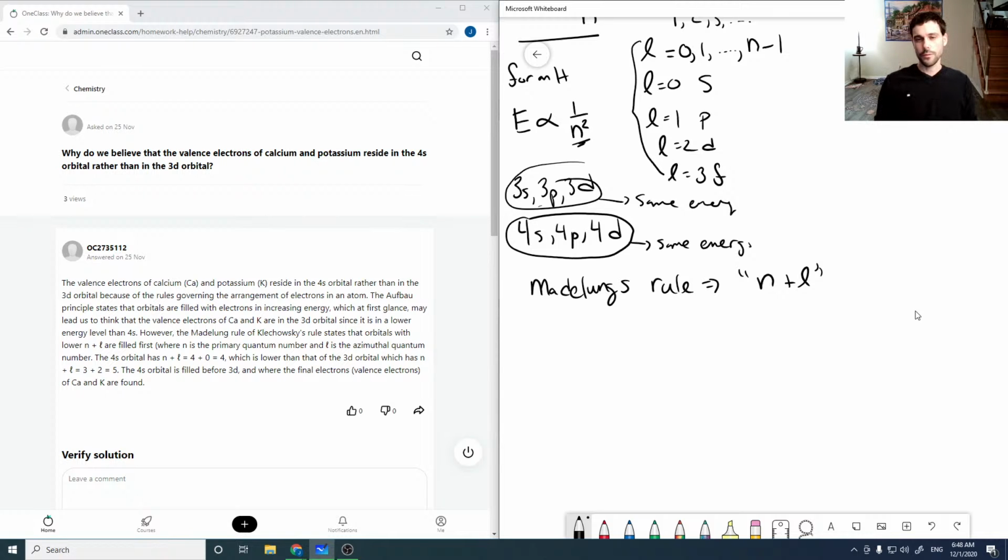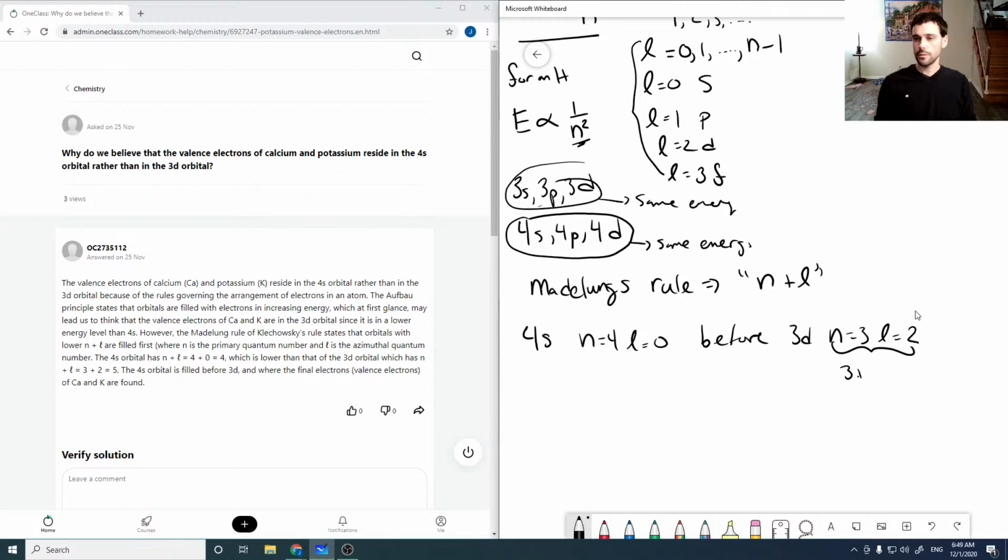So that means we fill a 4s orbital, which is n equals 4, l equals 0, before we fill a 3d, which is n equals 3, l equals 2, right?